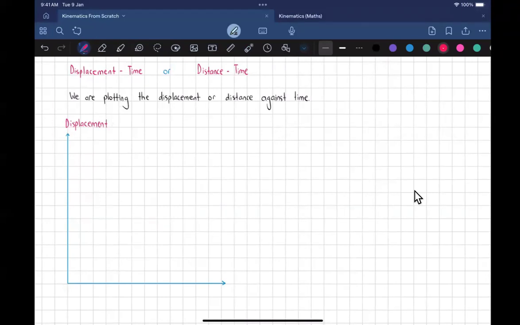The symbol for displacement is S, and displacement is usually measured in what? What do we usually measure it in, Kira? Okay, I'm not hearing from Kira. Sasha, what do we usually measure displacement in? MS?